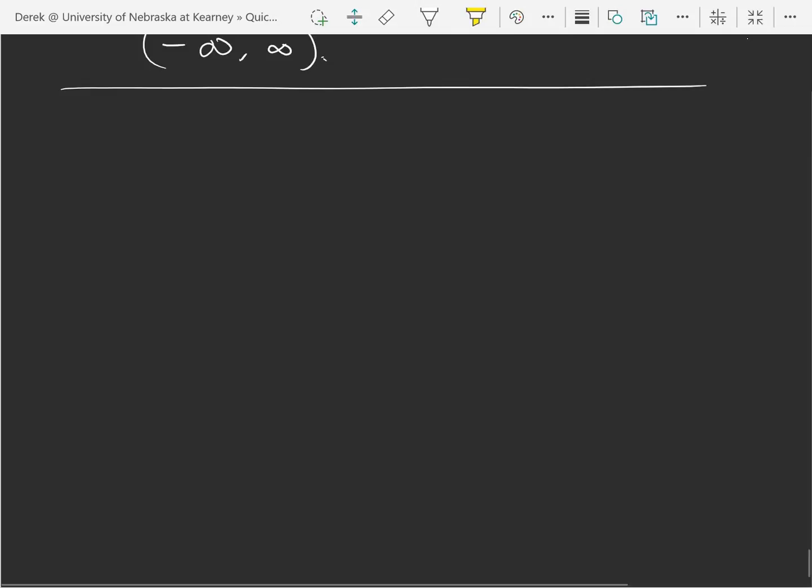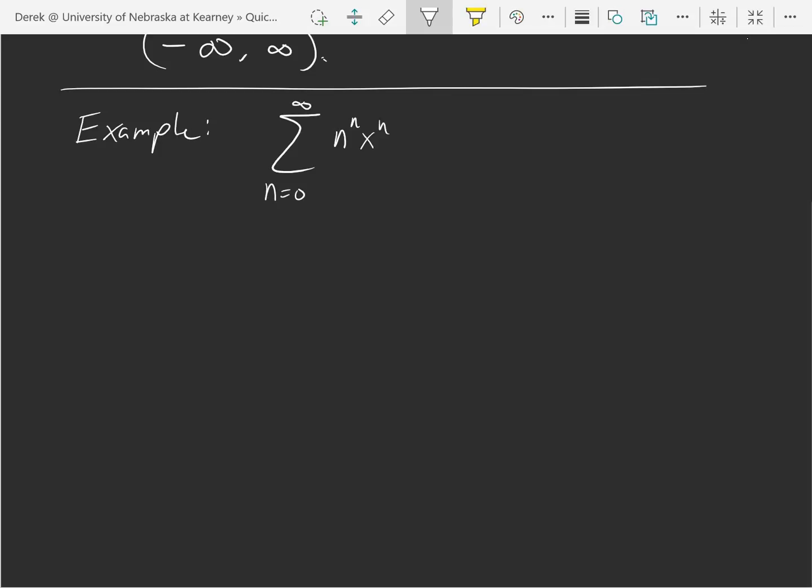One more example, and then we'll end the video. So let's look at the interval of convergence of the sum of n^n x^n, from n equals 0 to infinity. Okay, so the root test, I've got the lim sup of the nth root of n^n x^n.